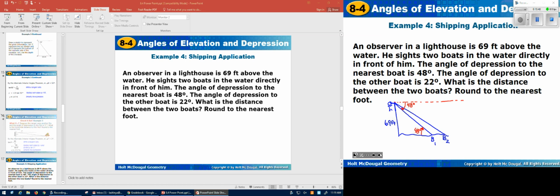It says the angle of depression to the other boat, so that means from the horizontal down to boat 2, is 22 degrees, right? So which other angle is 22? B2. Going up from the horizontal at B2 would be 22 degrees. Questions on my picture before I go any further? And we are assuming the lighthouse is making a right angle with the ground, right? Okay, so the question is, what's the distance between the two boats?